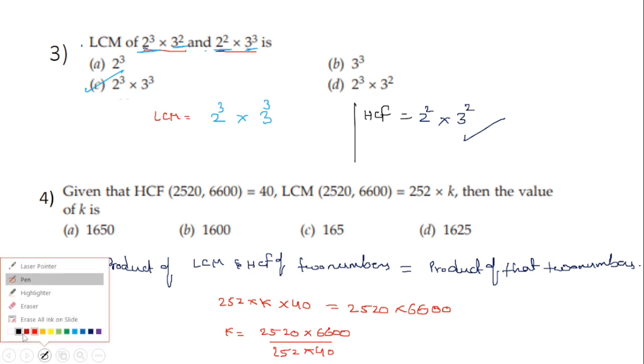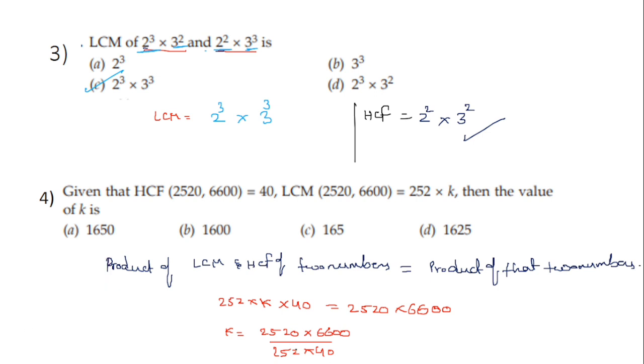Let us simplify this. 2520 by 252 is 10 times. The 0 gets cancelled, so I am left with 6600 upon 4. 16 times 4 is 64, and 20 is 5 times. So 1650 is the required number K. So our answer is 1650.